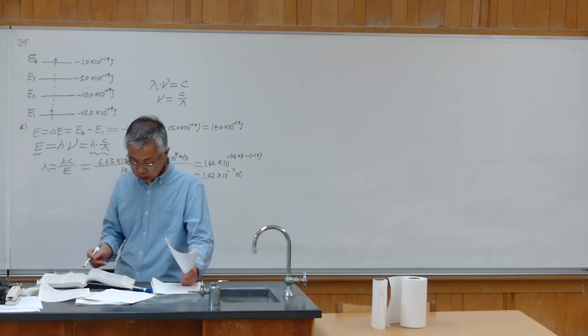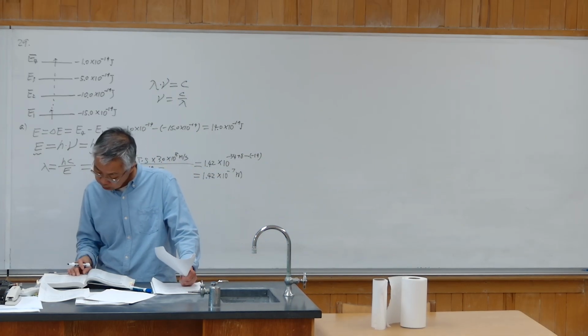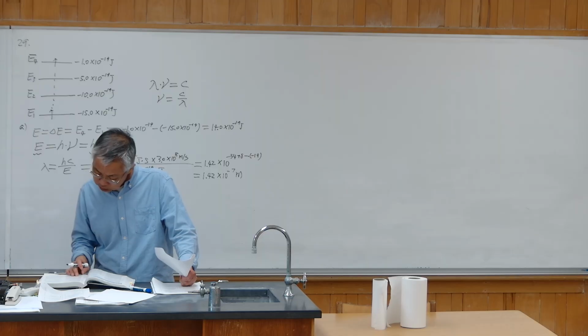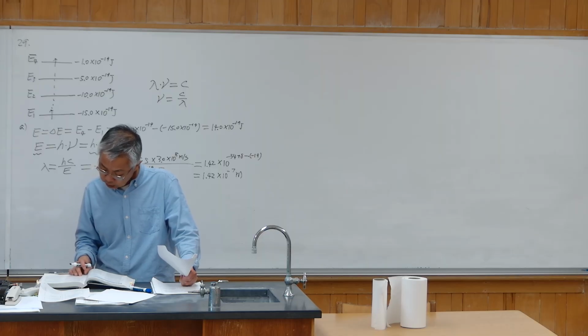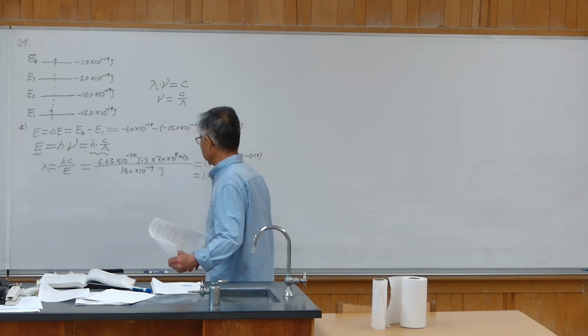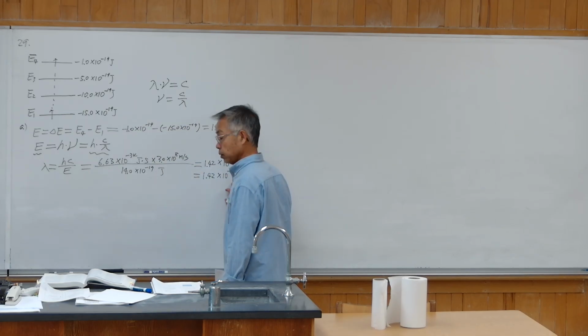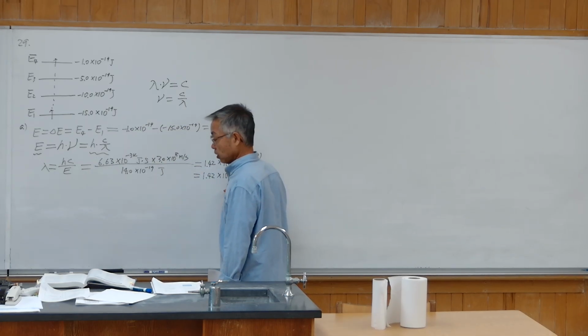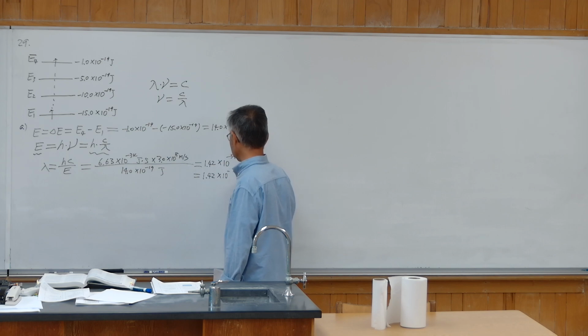And A asks you the wavelength needed to excite an electron from E1 to E2. You can stop here again, because then it specifies whether this wavelength must be in meter or in nanometer.